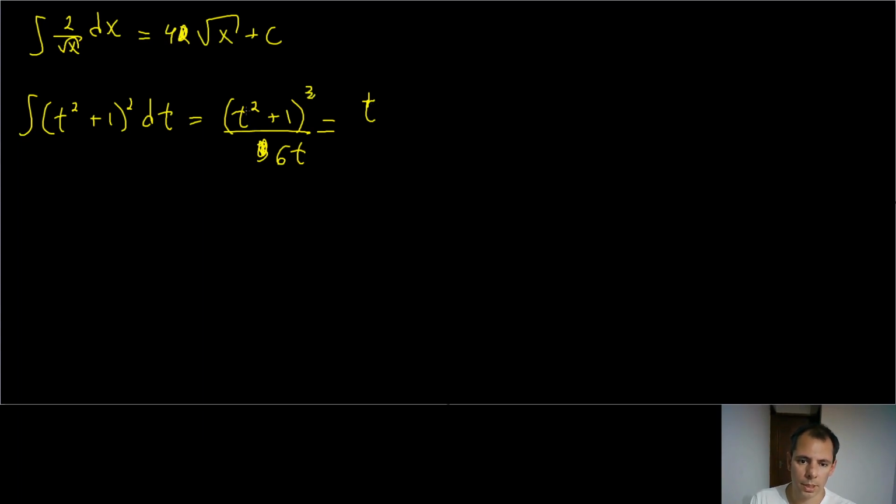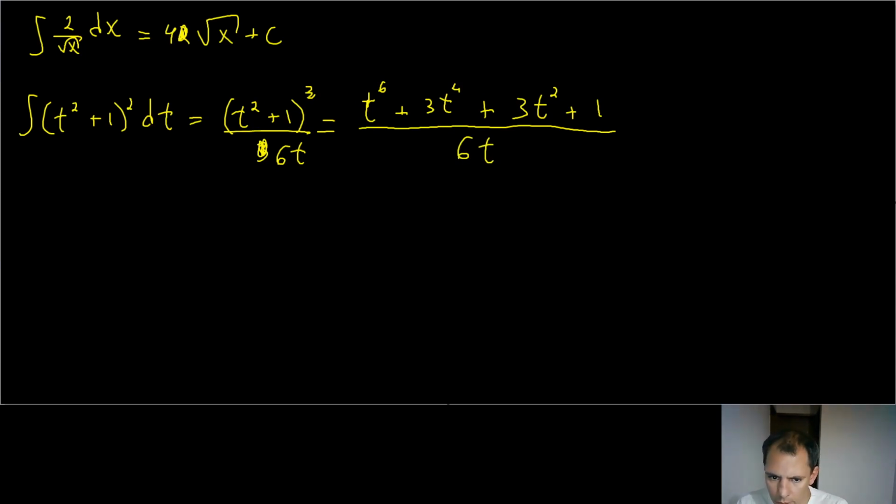Because this is already squared, when you do a cubed, you get t to the 6 plus 3 t to the 4th times 1 plus 3t squared times 1, because it's this thing elevated to 1 and this elevated to 2, plus 1 cubed, and divide this by 6t, and you have a plus c too.